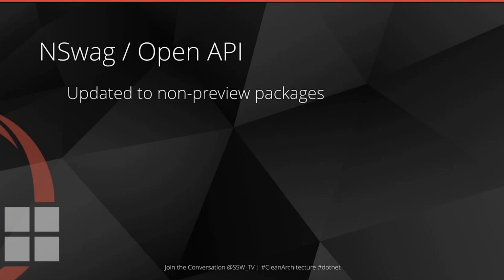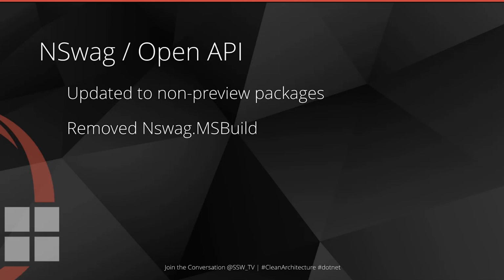We're not sure if anyone else is going to pick it up or if Microsoft is going to pick it up. But thankfully NSwag is out there, and that's being actively maintained. So we've taken that, and we've updated to the non-preview packages now that they've been released. If you move forward, we had NSwag.MSBuild in the project before. We weren't actually making much use of it because we weren't generating any client-side code.